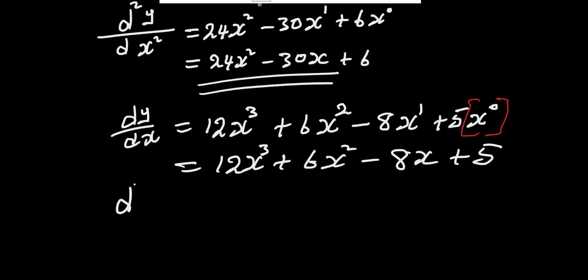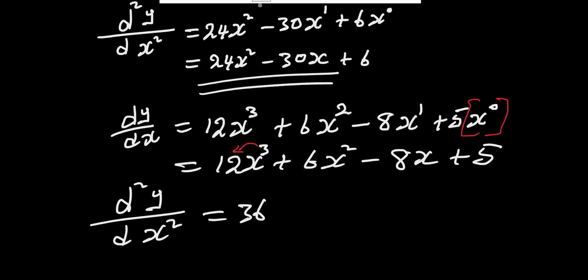So d squared y over dx squared will equal, so now use this 3 to multiply the 12, and that will give us 36. Reduce 3 by 1, so we have x squared. Next, we use this 2 to multiply 6, and that will be 12. Reduce 2 by 1, x to the power of 1.